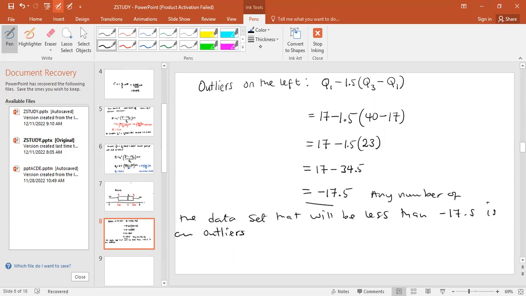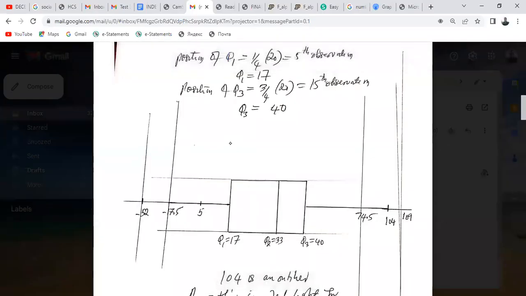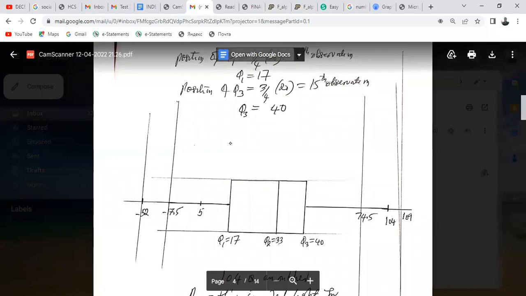Okay, so let's go to this. This is the negative 17.5, which was recorded here.